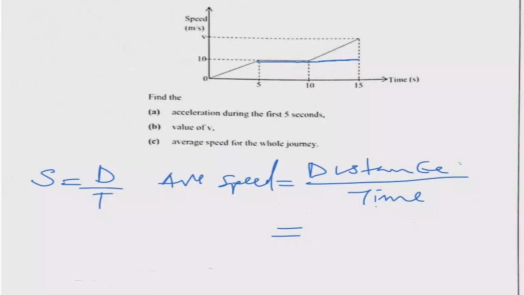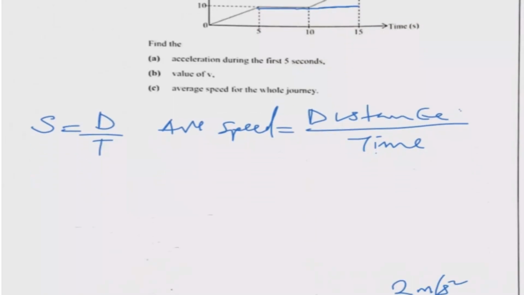Let me write it somewhere where all the expressions will fit. I've given you the formula: that is distance, and that is speed. So we can say average speed is equal to the area of the first triangle.